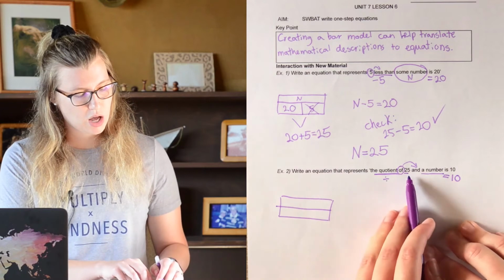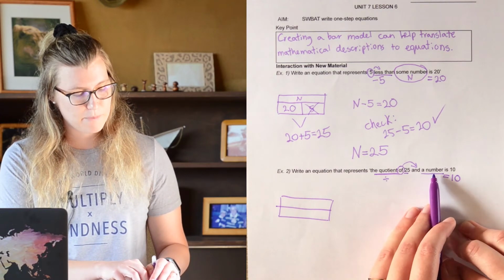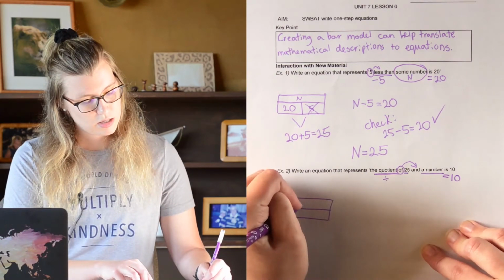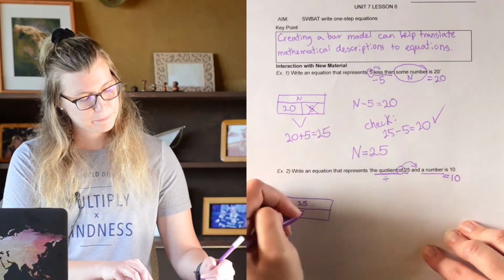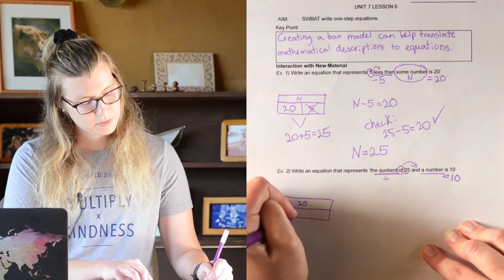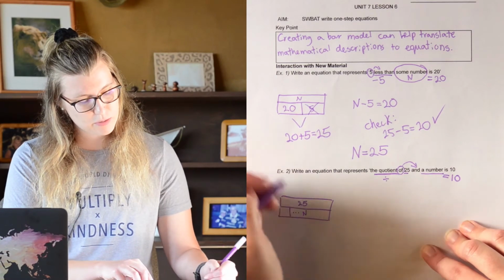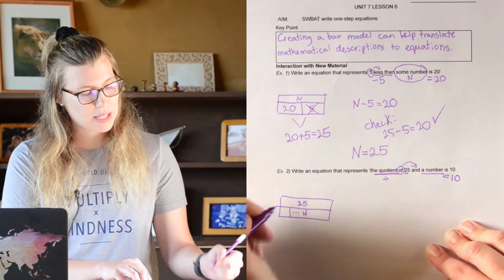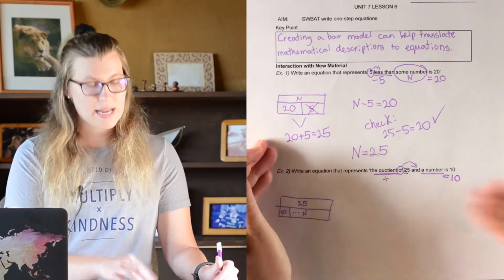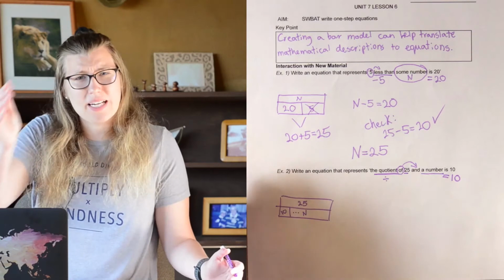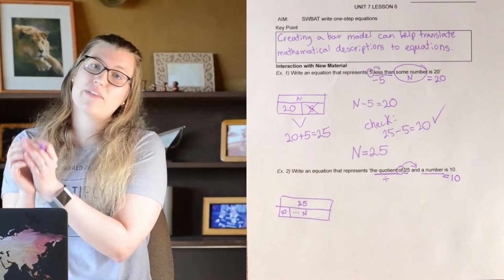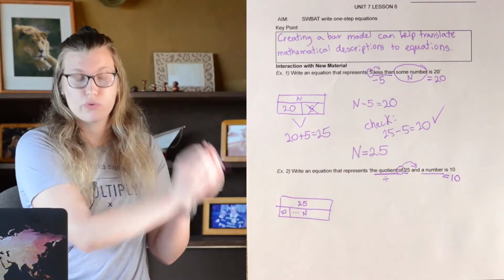The quotient of 25 and a number. So 25 divided by a number, I don't know how many groups I have, but I will end up with 10. When I split it into n number, I don't know how many groups, but I split it into groups, what I will have left over is 10 in each group.